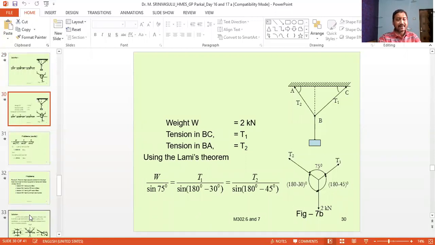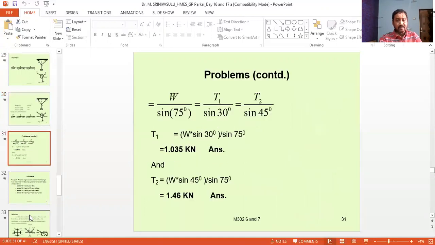Now to find T1 and T2, we have to equate T1 with W and T2 with W separately. So we know that T1 by sin 30 is equal to W by sin 75. Therefore, T1 is equal to W into sin 30 by sin 75.